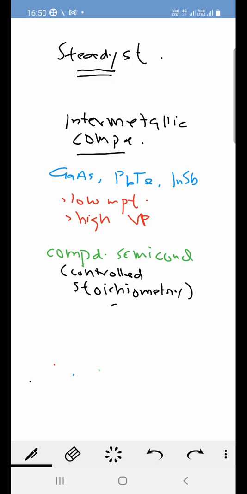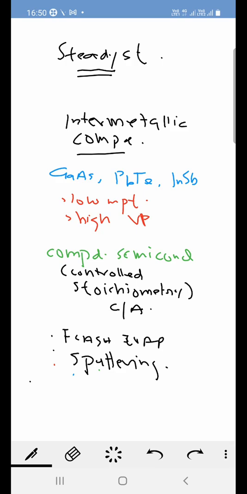Basically, by stoichiometry we mean a cation to anion ratio, and the evaporation of intermetallic compounds is mainly done either through flash evaporation or through sputtering. These two methods are mainly used to deposit an intermetallic compound.